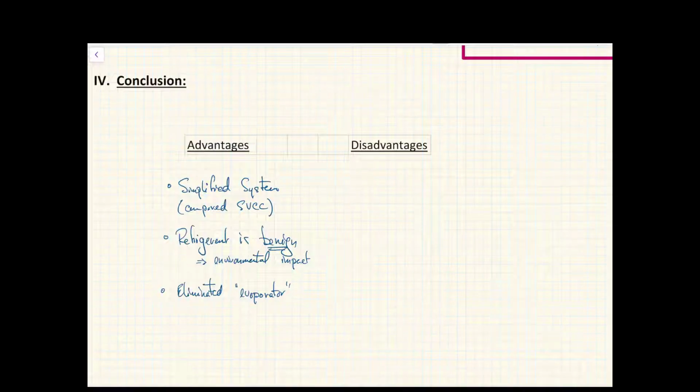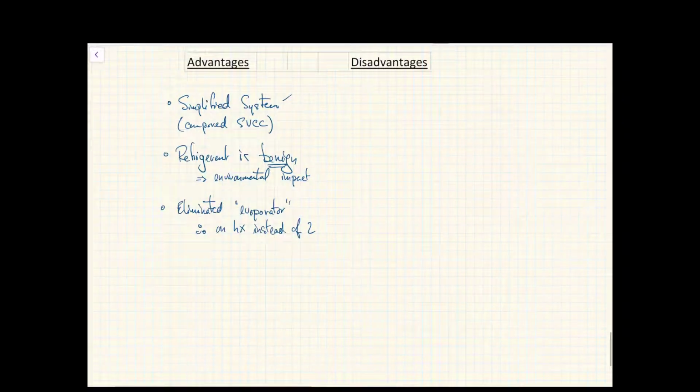And so that means that's part of the simplified observation here. That means that we only have one heat exchanger instead of two. And so that means less bulk and, more importantly, less weight.